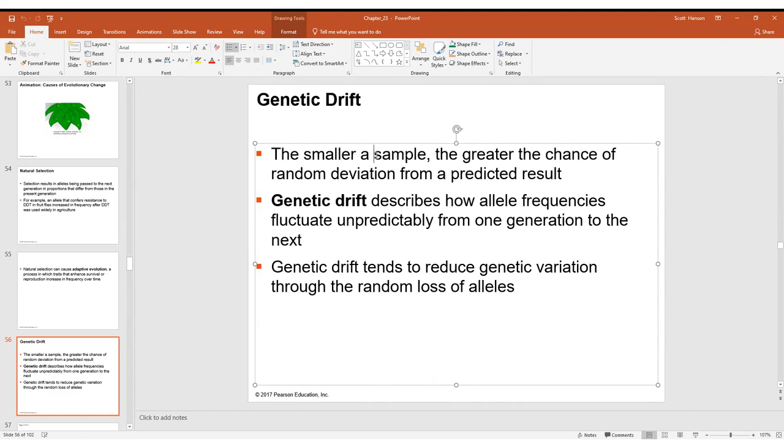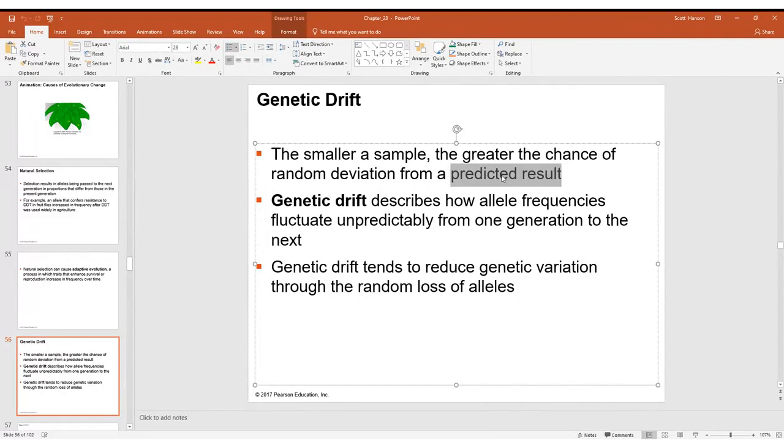So when they talk about samples here, what they mean is just a small proportion of a population. But the smaller a sample of individuals from a population, the greater the chance of random deviation from a predicted result.